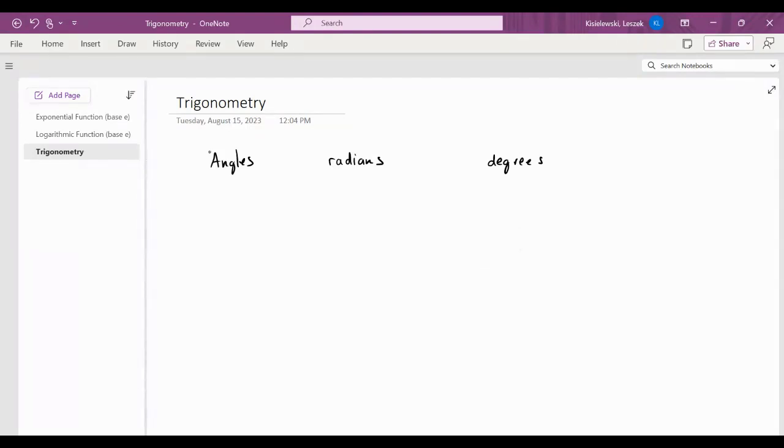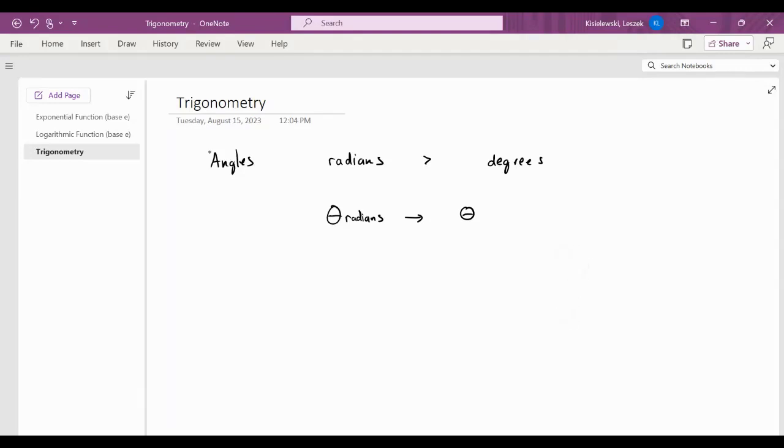So in calculus, it turns out that even though in physics and engineering courses they'll still use degrees, in calculus, radians are preferred. So we probably need to know how to go back and forth between the two. So if you have an angle measure in radians, how do you convert that to degrees?